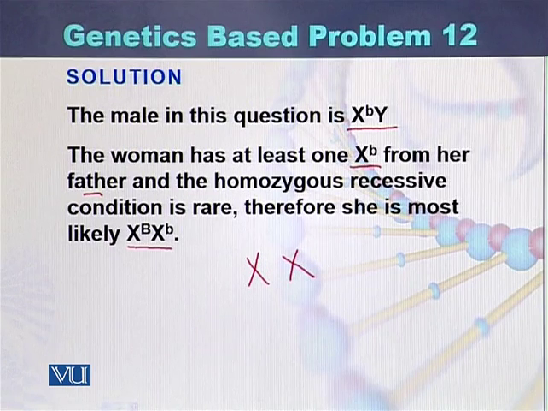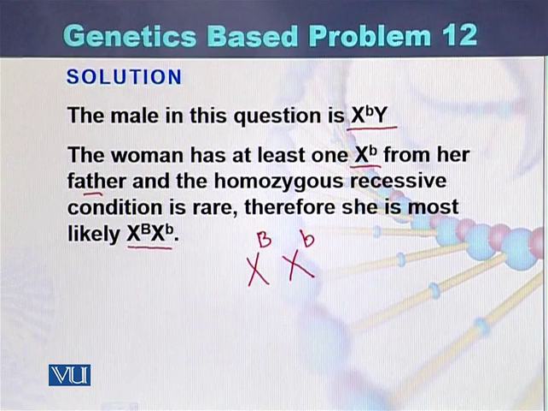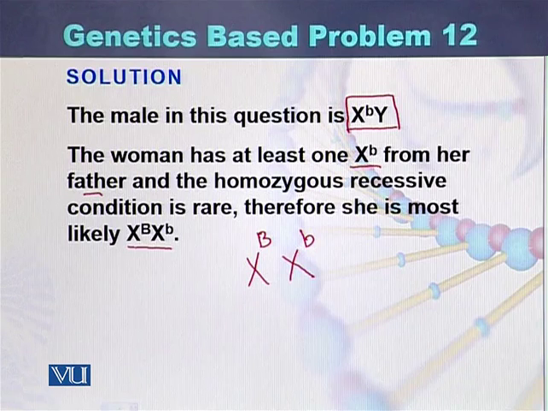Because she is normal, she has one dominant allele and one recessive allele. The male has just one X chromosome with the recessive allele, so he has baldness.